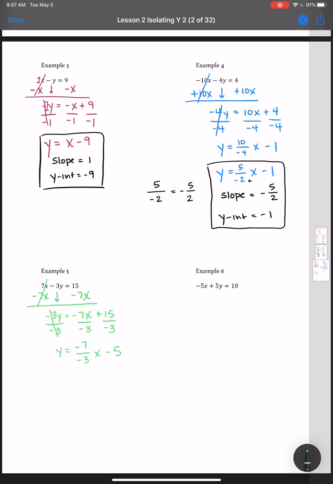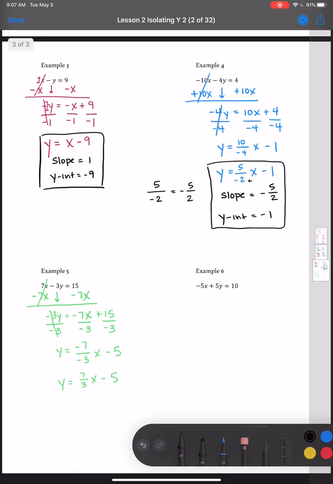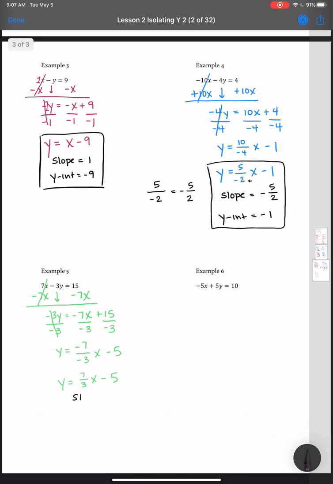But again, there's too many negatives here. A negative divided by a negative is a positive, so we can get rid of both of those negatives, and it's 7 over 3x minus 5. The slope is 7 over 3. The y-intercept is negative 5.